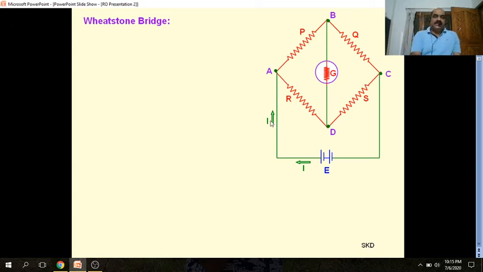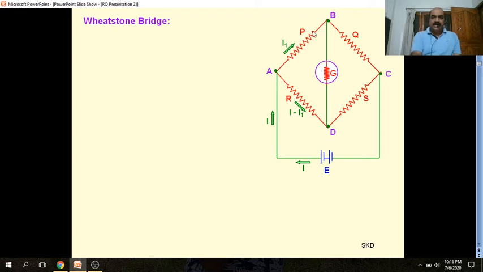When the current I flowing from the cell reaches A, which is our junction point, there are two other branches, one is AB and other is AD. So if we consider this current I, I1 flows through P, and the remaining I minus I1 flows through R.